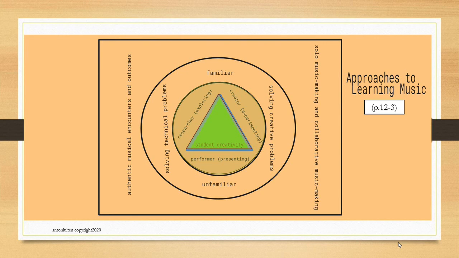These musical competencies are directly linked to inquiry into familiar and unfamiliar music and to solving technical and creative problems. Finally, all components of the course should be experienced practically through authentic musical encounters and outcomes. Students must also understand the similarities and differences between solo music making and collaborative music making.